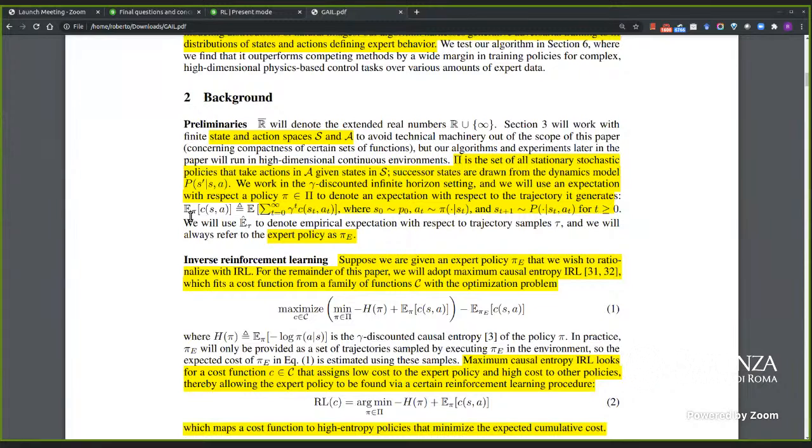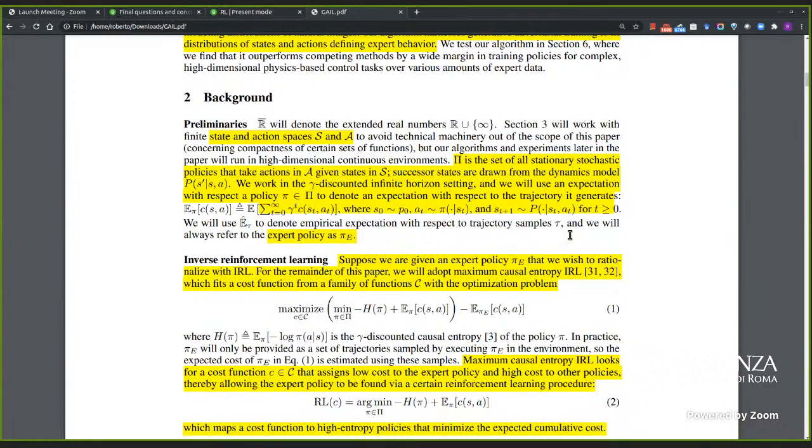So this is the definition: the expectation over the cost over the trajectory generated by the policy is defined as the expectation over basically the trajectory, the cost of the trajectory for a state and action visited in the trajectory, discounted by gamma, starting from a certain initial state that is sampled from the possible initial states, and the action is sampled from the policy as usual, while the successor state is sampled from the transition function, which is again unknown to us because we only have access to the environment without knowing its transition probabilities.